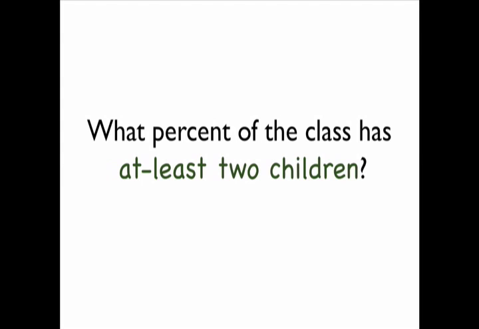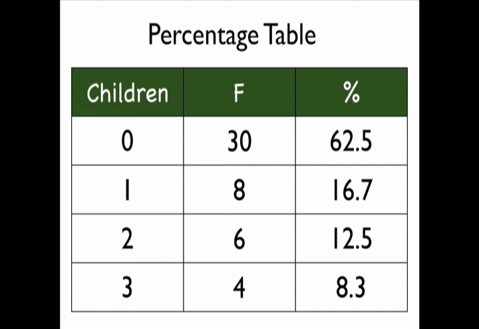What percent of the class has at least 2 children? At least 2 means 2 or more. The 2 is at least 2, and the 3 is at least 2. So if you had 2 or 3 children, you had at least 2 children.